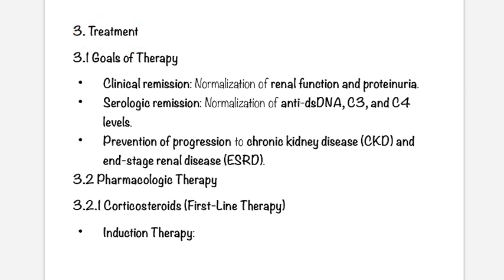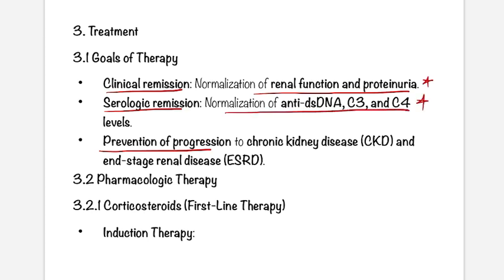The goals of therapy are clinical remission, serological remission, and prevention of progression to CKD or end-stage renal disease. We want normalization of renal function and proteinuria, and normalization of anti-dsDNA, C3, C4 levels. So this is very much important.